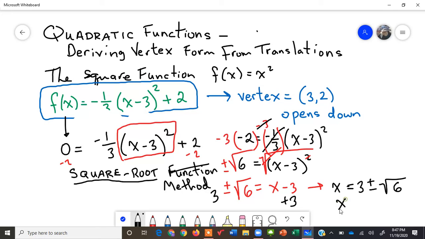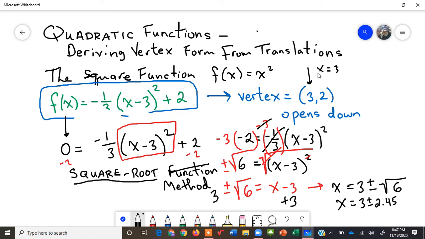So I can write x equals 3 plus or minus 2.45. So our x-intercepts are equidistant from 3, where 3 is the x-coordinate of the vertex.